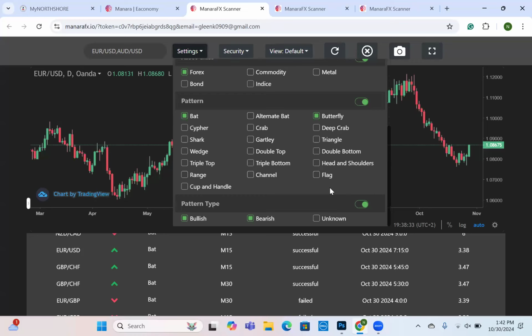Then the next one is bullish and bearish, which is the pattern type. We always trade bullish, and bullish means what? Guys, tell me, let me see in the chat box if you know. When they say bullish, what does that mean?